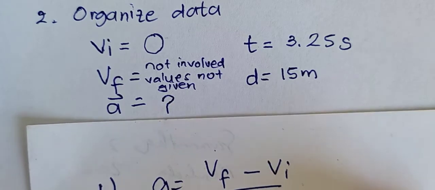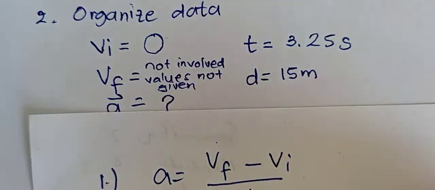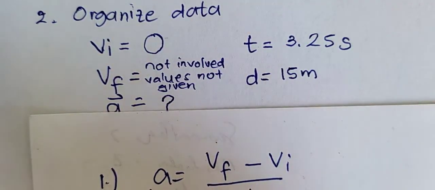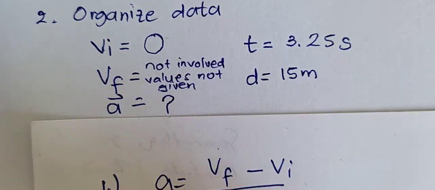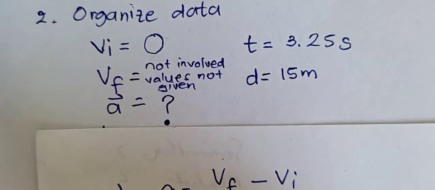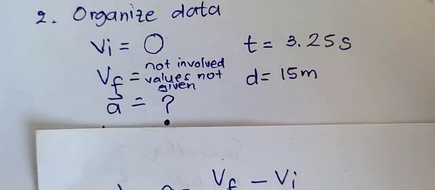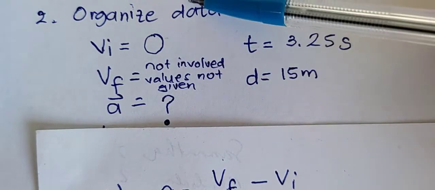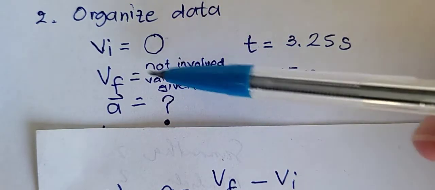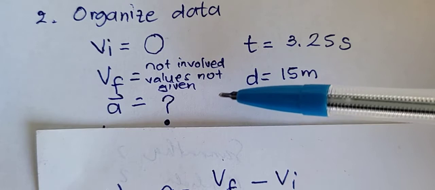Pwede kaya itong gamitin? Acceleration is involved in the problem, so it can be used. But final speed is in this kinematic equation, compared to the data of the problem, Vf is not involved or value is not given.